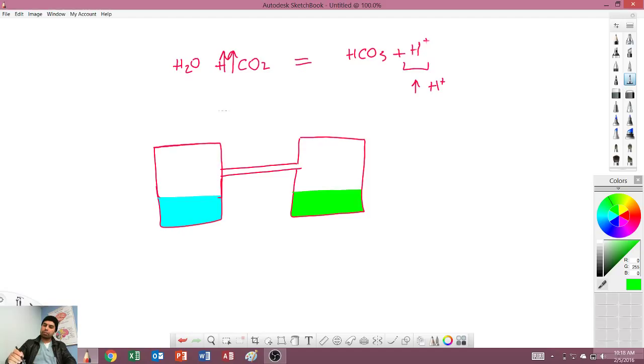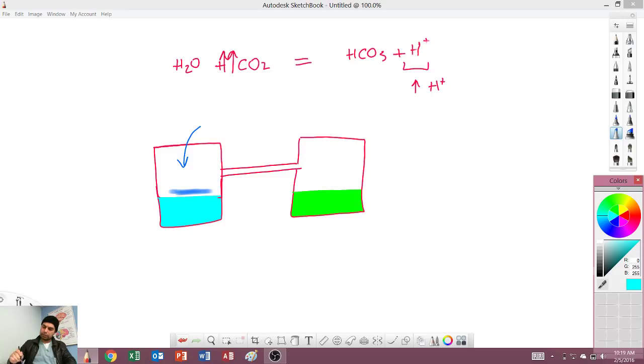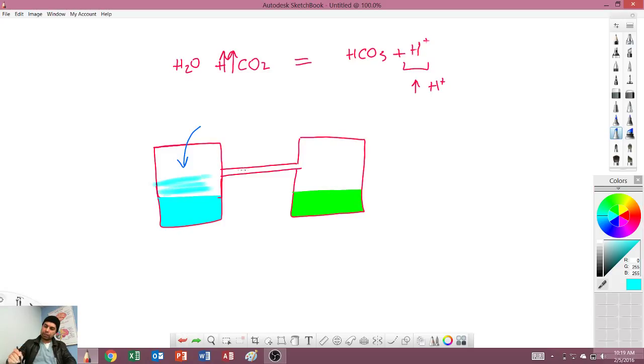If I pour more carbon dioxide in here, this area fills up. What will happen to this? There will be a shift, and this will go here. So by increasing carbon dioxide, what are you increasing? Protons. Acidity.